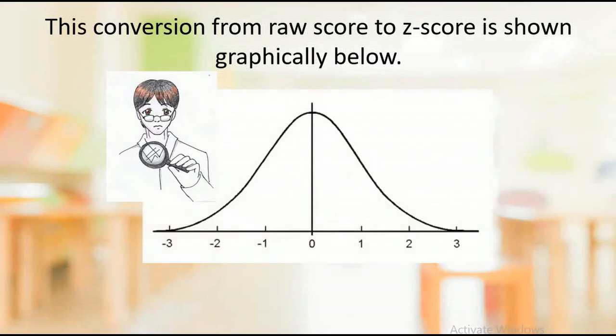So 42, that is the mean score. That is the center or the central part. So you subtract 7 as you go to the left. So 42 minus 7 is 35, 35 minus 7 is 28, 28 minus 7 is 21.